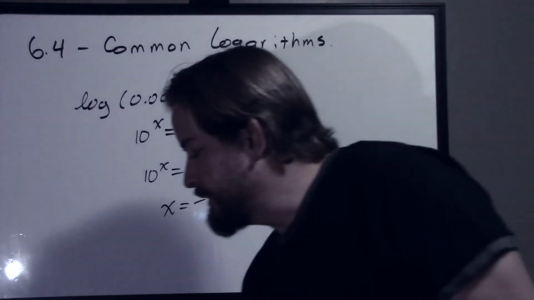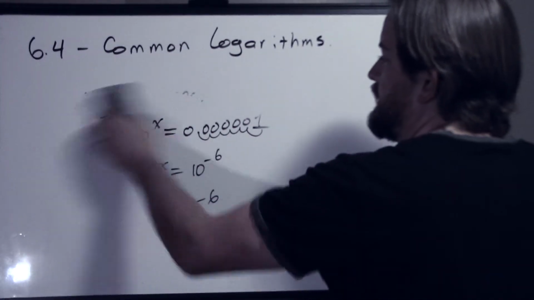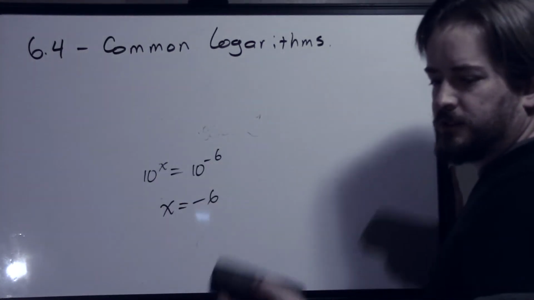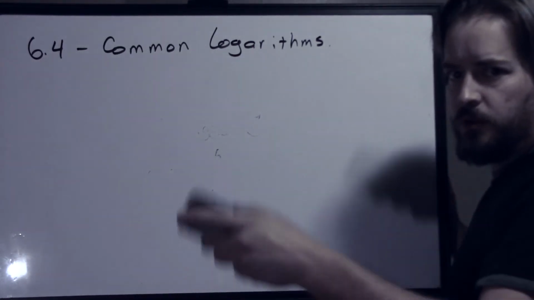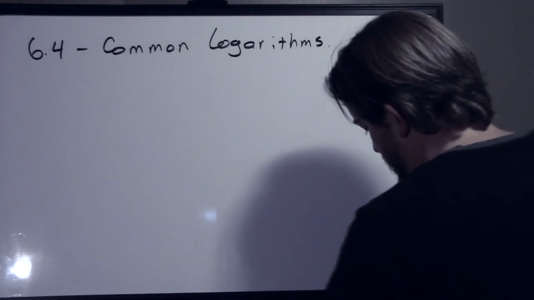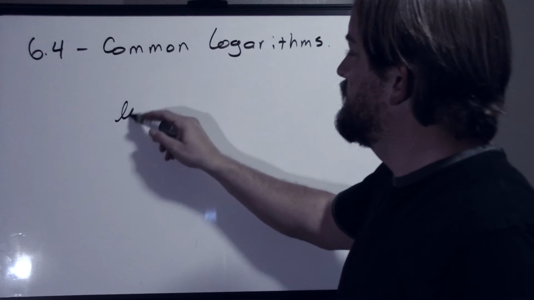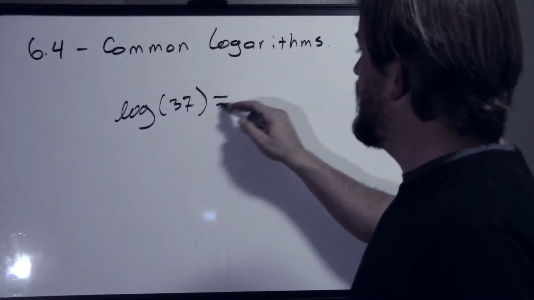Sometimes we have stuff inside the logs that aren't nice powers of 10. Those nice powers of 10 are 10, 100, 1,000, 10,000, and so on, or 0.1 or 0.01 or 0.001. But sometimes we might have to do something like rewrite log of 37 equals x.